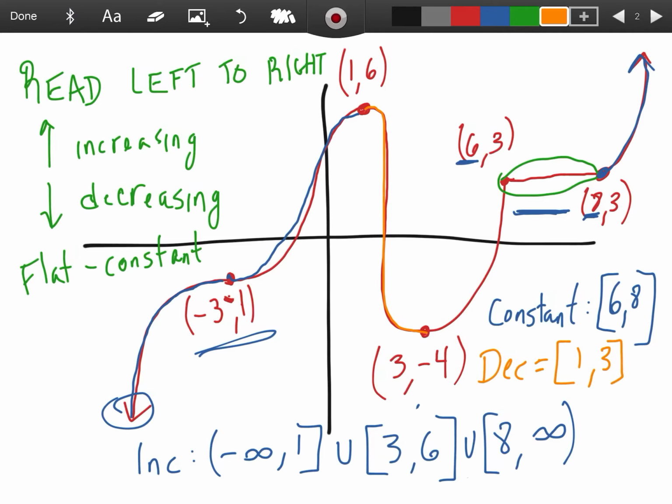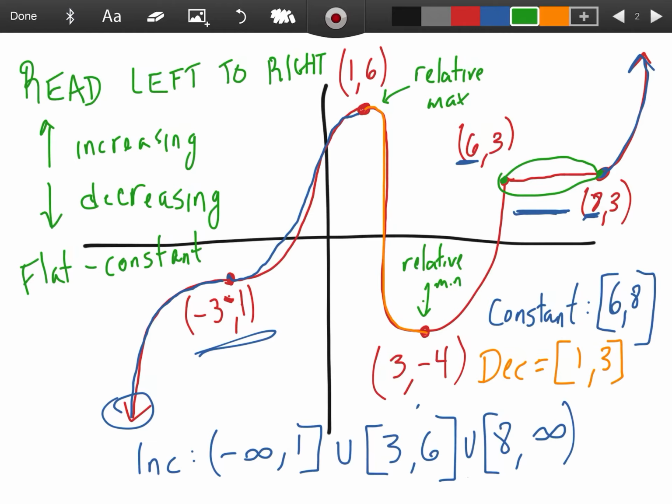Let's take a look and see how that relates with the mins and the maxes. I have a relative max right here, I have a relative max here, I have a relative min here. And because it goes constant at these two points, none of these points in here are relative extrema. They're not mins or maxes.